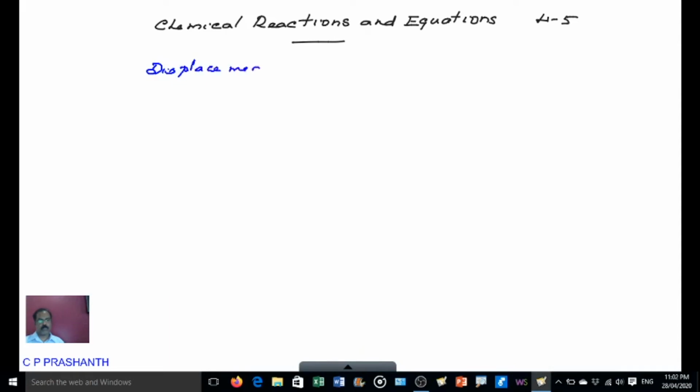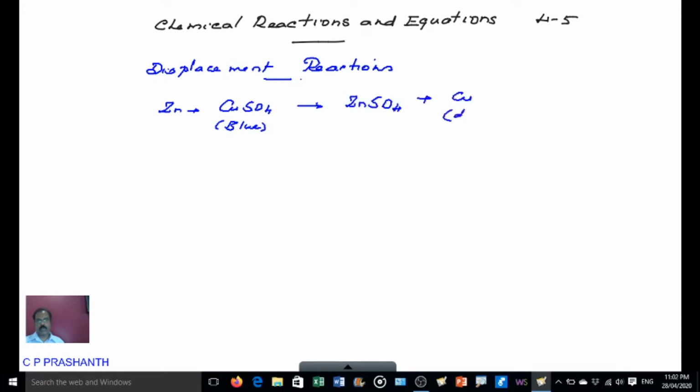So we have seen two examples of displacement reactions and one example of double displacement reaction. We will be seeing some more examples. The first reaction was zinc reacting with copper sulfate. Copper sulfate is blue in color. Because of this reaction, you get zinc sulfate which is colorless, and copper is getting deposited.